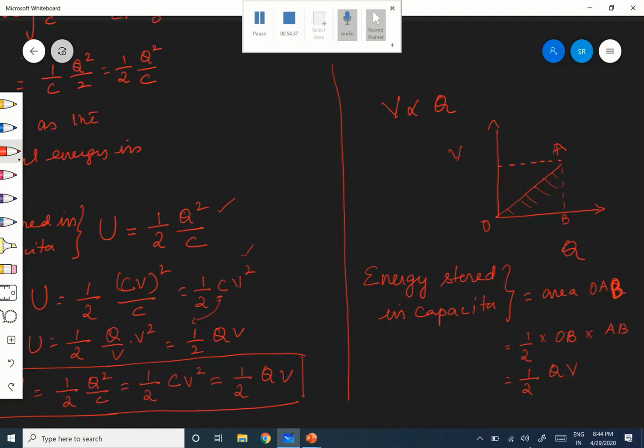Are you following? Half QV means half Q squared by C, that is equal to half CV squared. You get it in terms of Q and V from the plot. The energy stored in the capacitor is U.